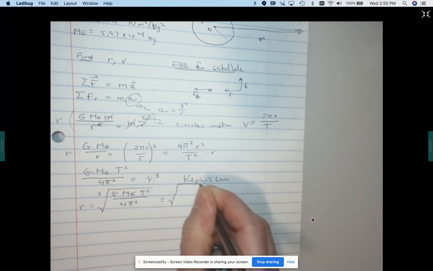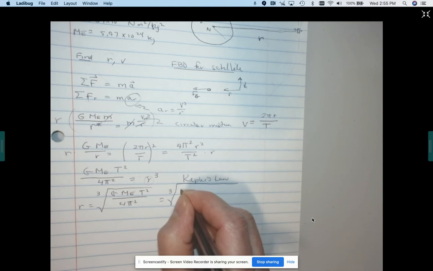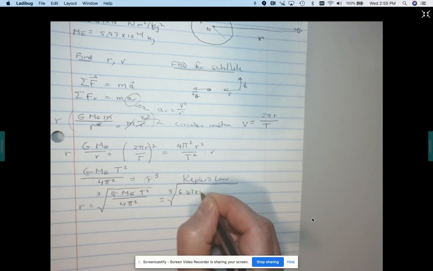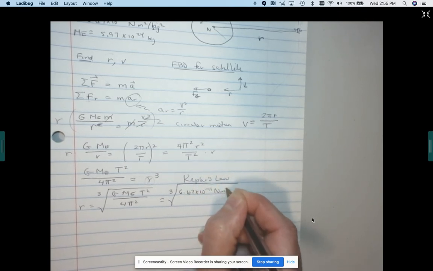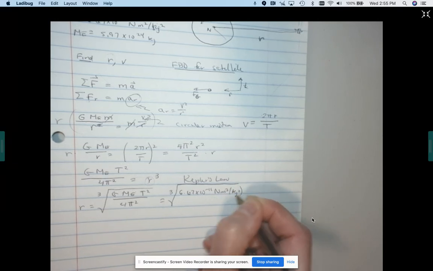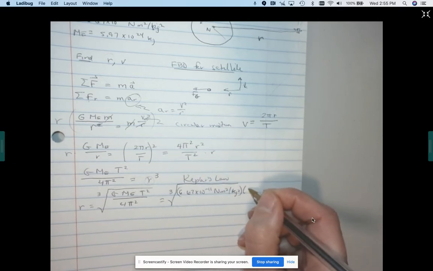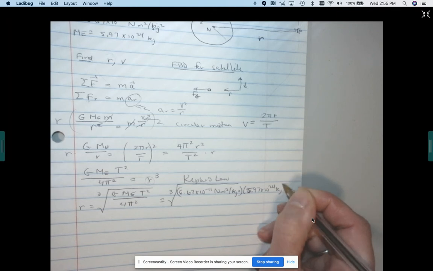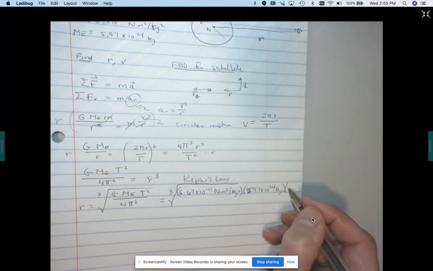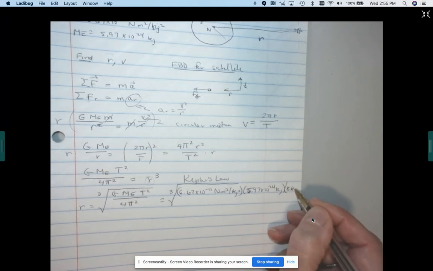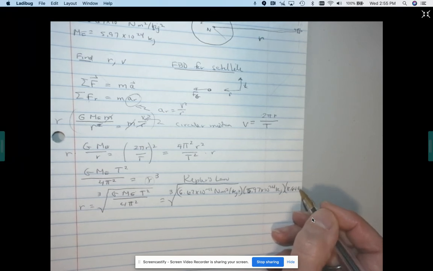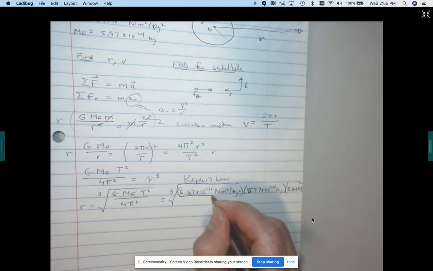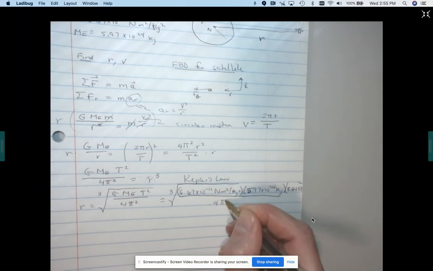Plugging in our values, we have 6.67 times 10 to the minus 11 newton meter squared per kilogram squared, times the mass of the Earth, 5.97 times 10 to the 24 kilograms, times our period, 8.64 times 10 to the 4 seconds, squared, and then we divide by 4 pi squared.